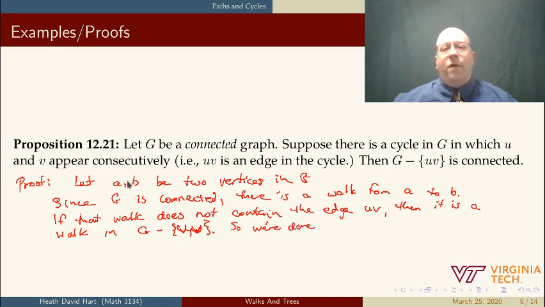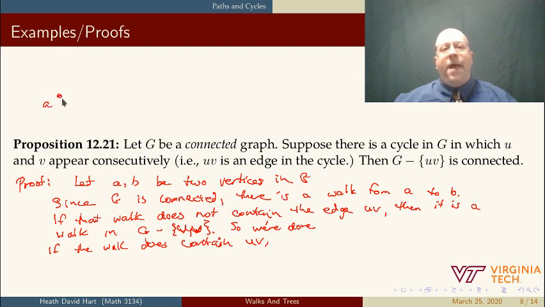We took a pair of arbitrary vertices. We showed that there is a walk from one vertex to the other in this graph, and so this graph is connected. On the other hand, if the walk does contain UV, so here's the idea.